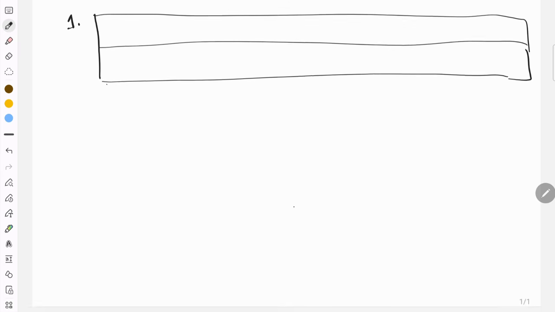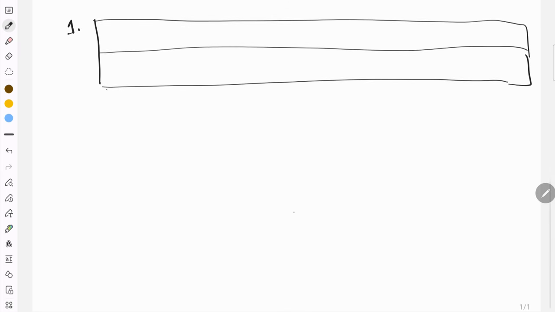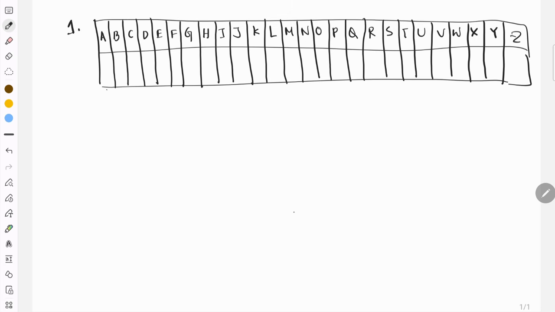We have 26 alphabets in our English letters, right? So we are going to make 26 boxes. Okay, so I have made 26 boxes. The bottom boxes are empty and the top boxes have all the letters of the English alphabet in them.